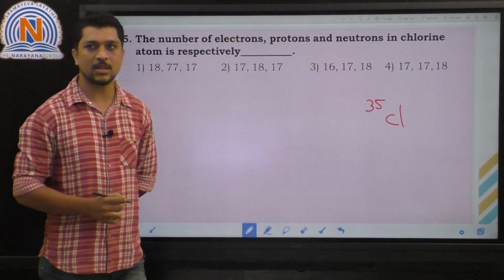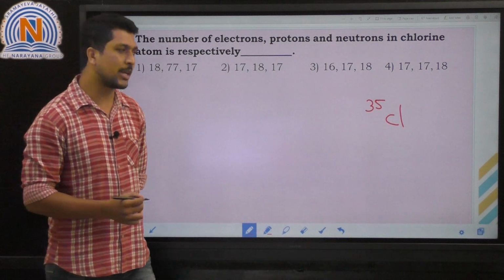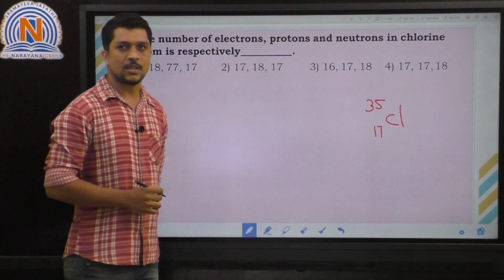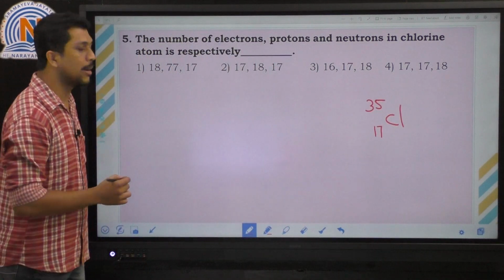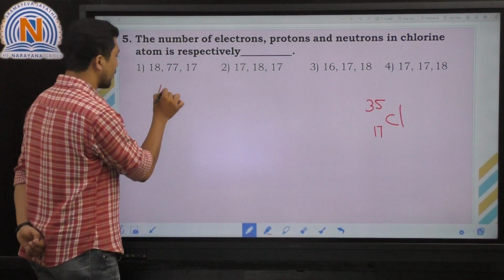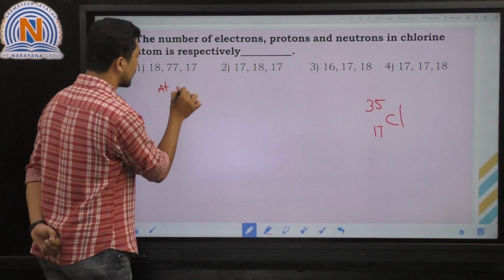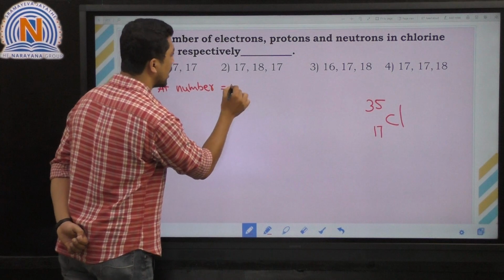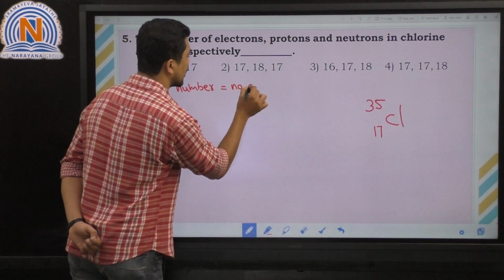It has atomic mass 35. It has atomic number 17, right? So atomic number represents the number of protons. So atomic number is equal to the number of protons.